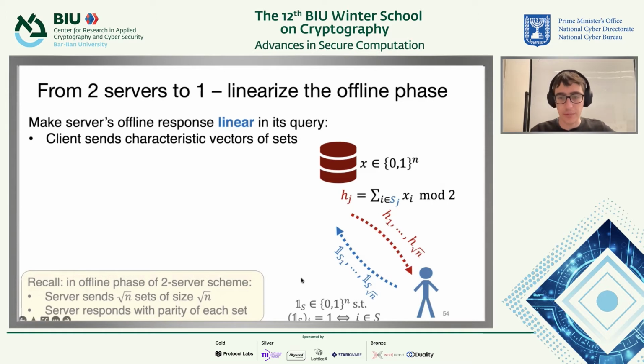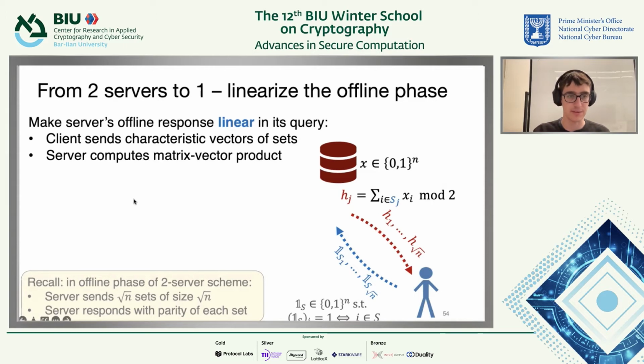A characteristic vector of a set of indices from 1 to n is just a vector of length n, which has 1 in every position if this position is in the set, and 0 otherwise. So the client will send square root n characteristic vectors.